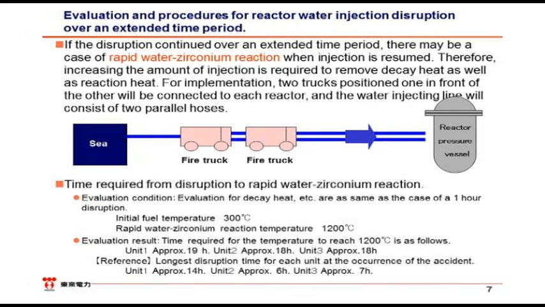In this case, we have to inject a large volume of water in order to remove not only decay heat, but also reaction heat due to the oxidative reaction of zirconium with water, with a large volume of water injection through 2 lines connected to 2 fire trucks situated one behind the other as described in the above figure.